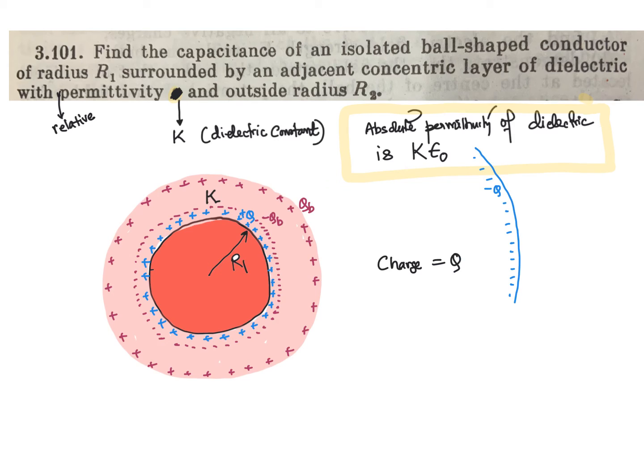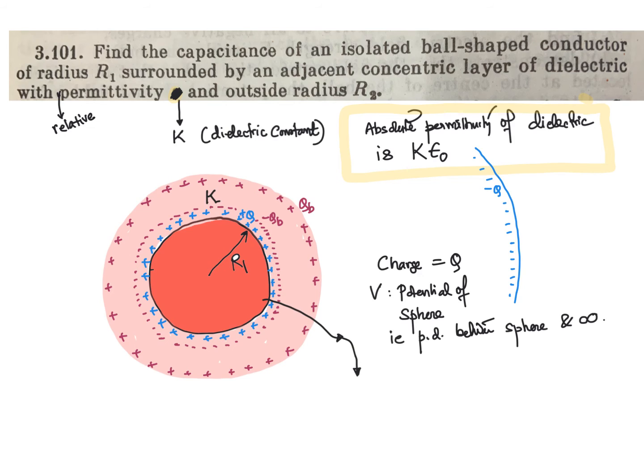The charge is Q and V is the potential of the sphere, that is, the potential difference between the sphere and infinity. So what is the potential of the sphere?